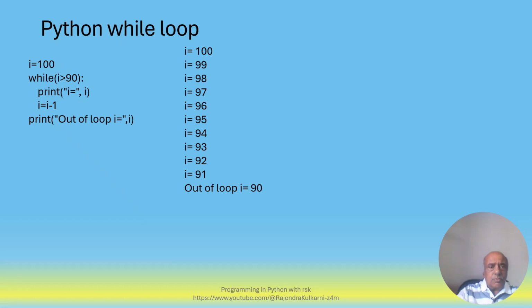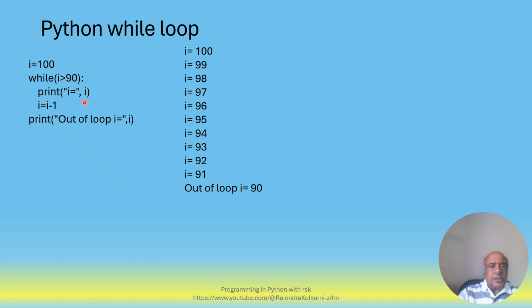Now we will see how a Python while loop works. As we have earlier seen in our program, I is assigned 100. While I is more than 90, print I, I is equal to I minus 1, and when I's value reaches 90, the loop will terminate.